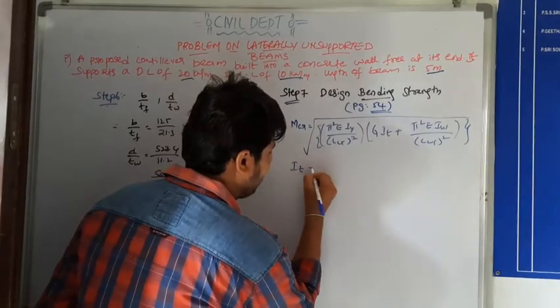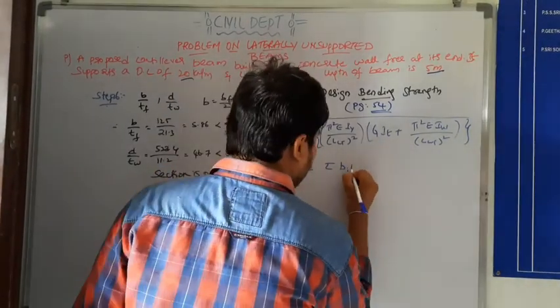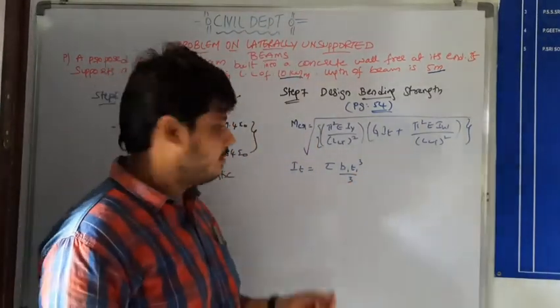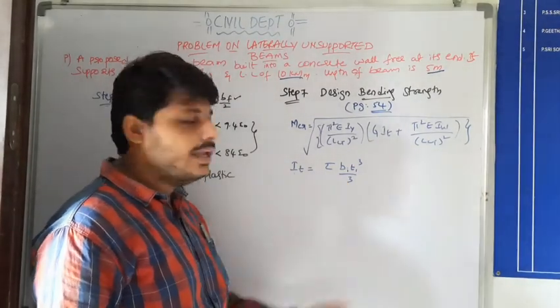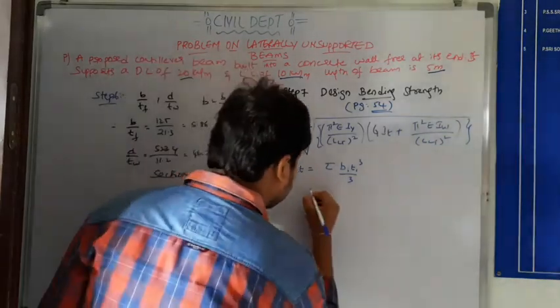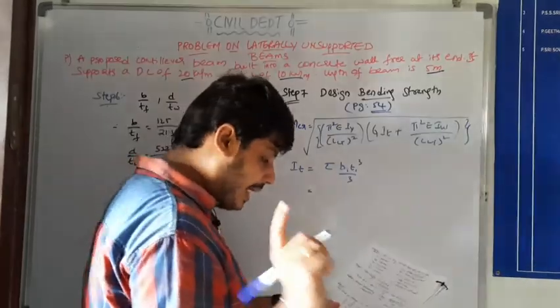So first one IT, that is summation of B, that is nothing but BD cube by 3. Summation of IT, that is summation of B into T cube by 3. So we should calculate the I section properties. So I section, keep in mind I section.